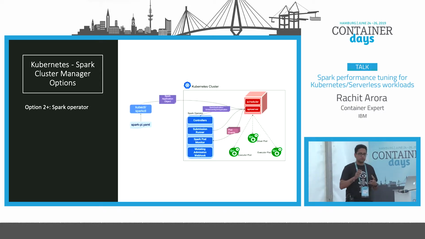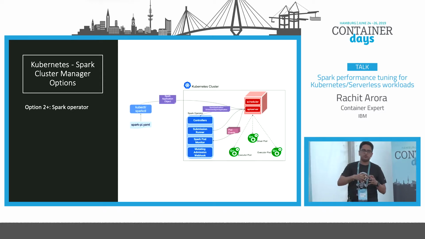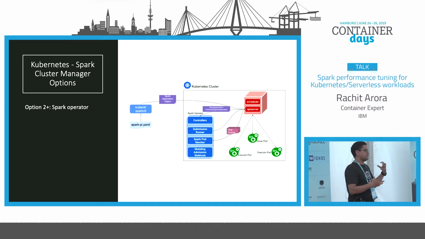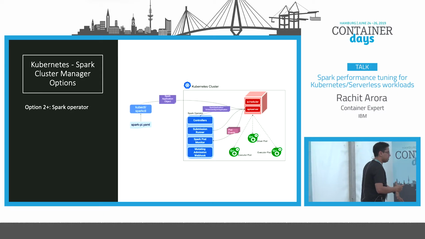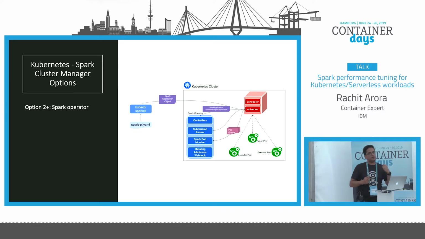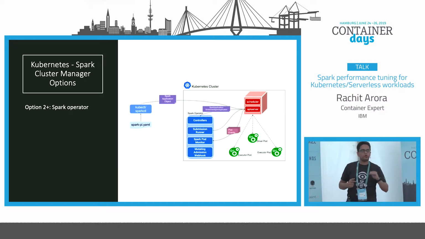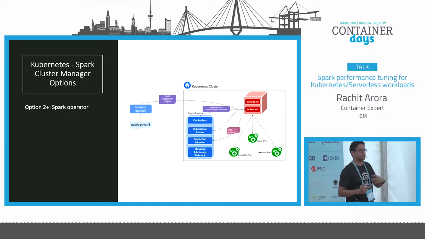There is one more option, a 2+ option. Once you want to make use of the native Kubernetes scheduler, but you also want to make use of Kubernetes' declarative way of defining things. I don't want to use Spark submit to submit my application.